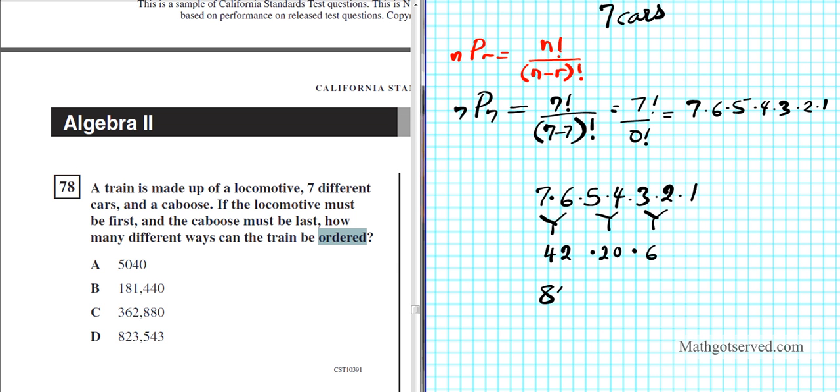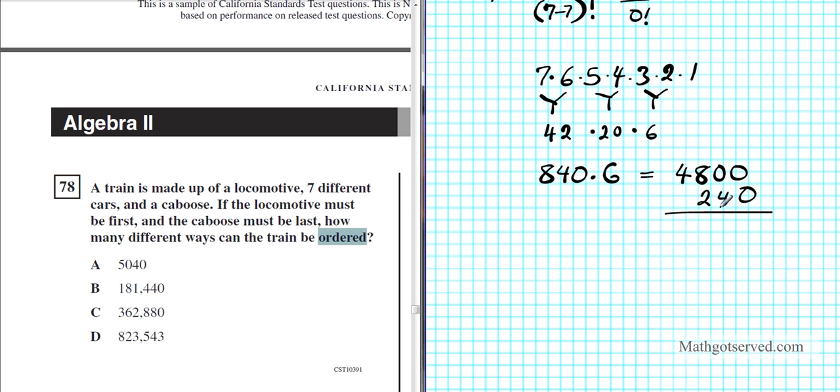So it's 840. 840 times 6 is simply 800 times 6 plus 40 times 6. 800 times 6 gives you 4800, and 40 times 6 gives you 240. Adding them together, you get 5040 different ways that you can arrange the cars. Remember, you're just arranging the cars; the caboose and the locomotive are fixed. So that's basically how it turns out. Anyway, your answer is option A.